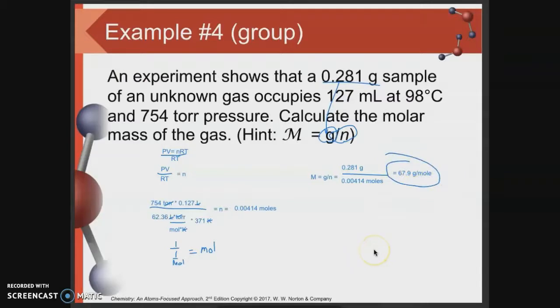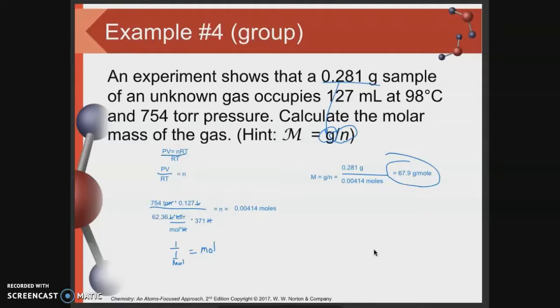And so this is an example of one of the ways that we can manipulate the ideal gas law to help us solve real problems in a laboratory situation, like figuring out what the molar mass of an unknown gas is to help us characterize that gas.